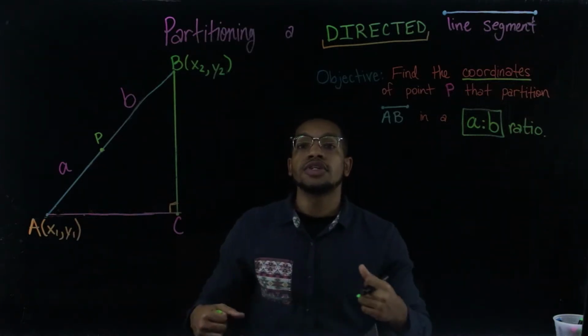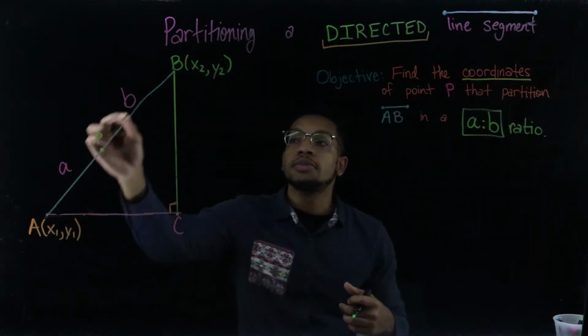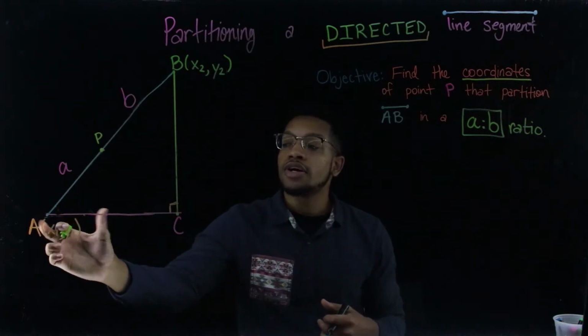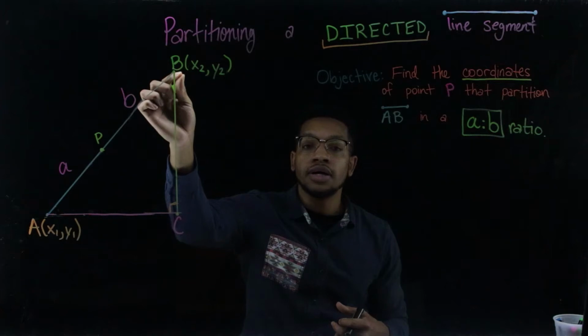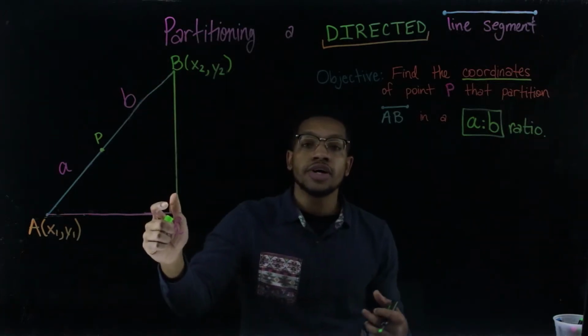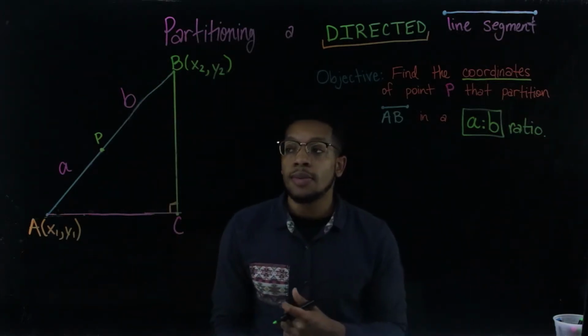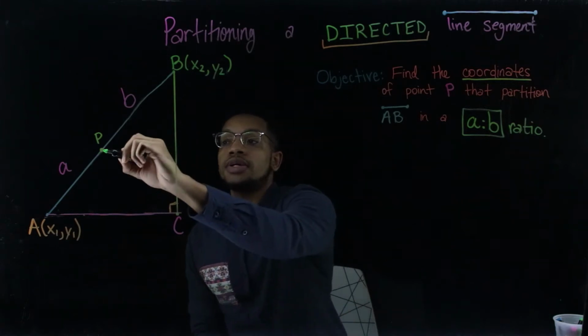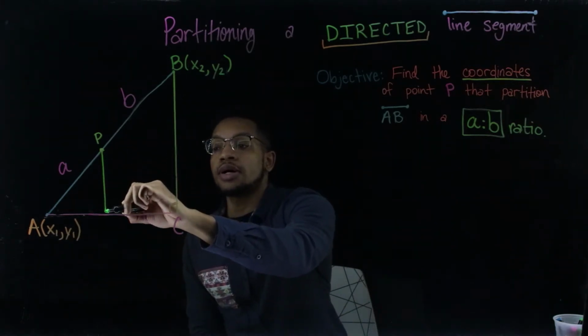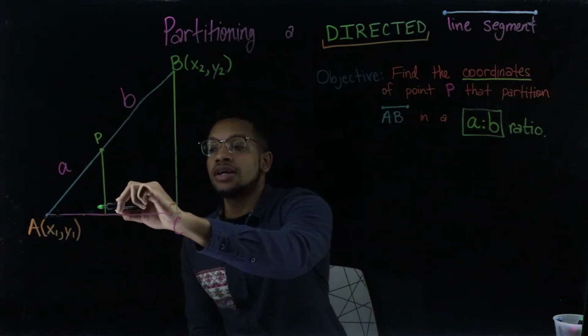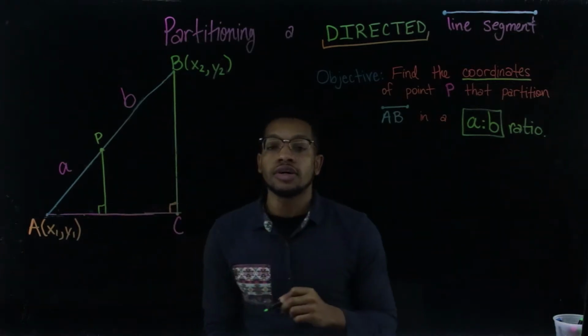The first thing I'm going to do is, from our segment AB, make a right triangle by going straight to the right and then straight up. This will be a 90-degree angle, so that makes a right triangle. Then wherever point P is, if I go straight down and make a perpendicular with that side, I have another right triangle.